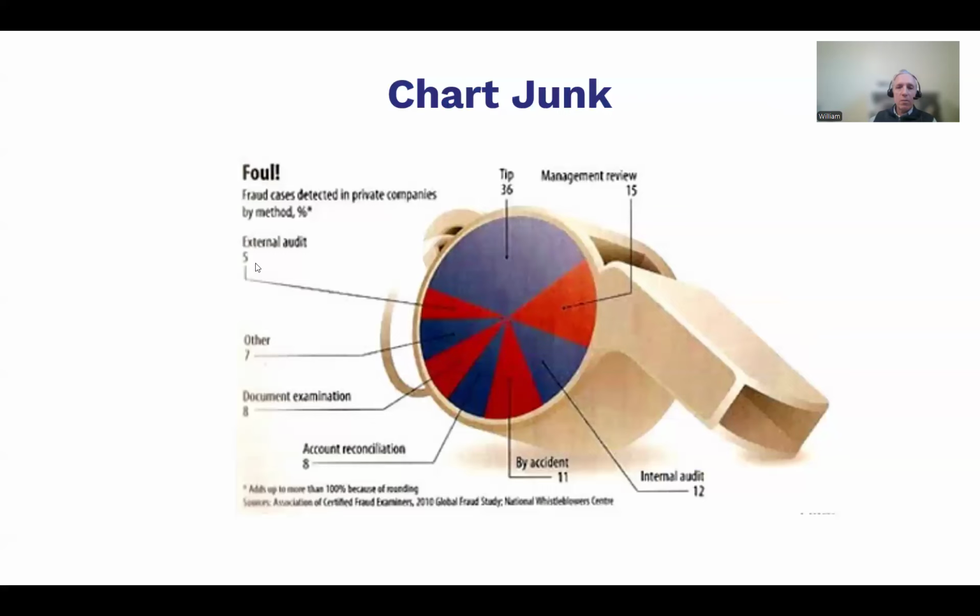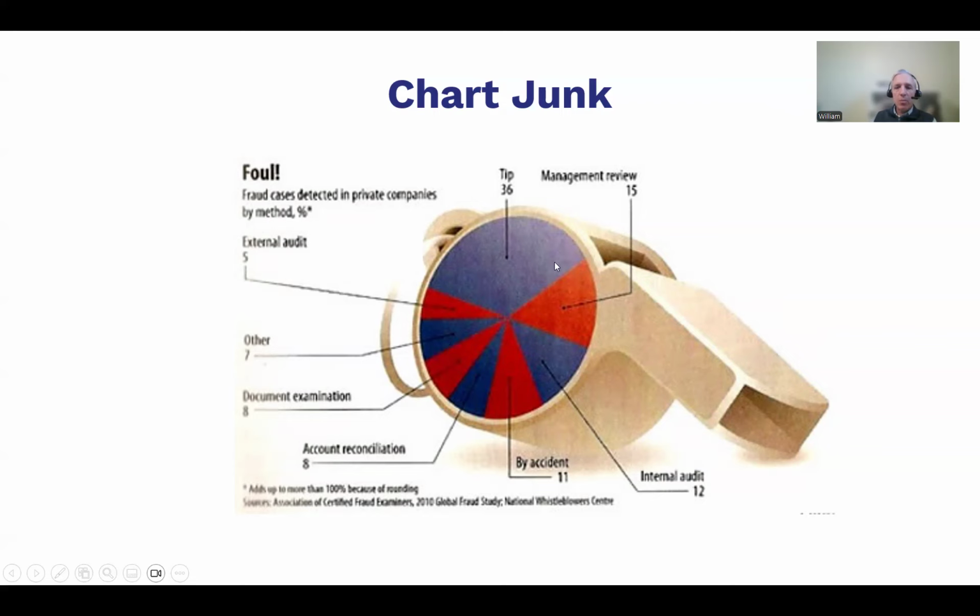So if they detected fraud in an external audit, there it is, five of them. If they detected it through document examination, they did it. So this whistle is chart junk. And frankly, using a pie chart for this, maybe I'm trying to show, I'm not really trying to show the specific percent.